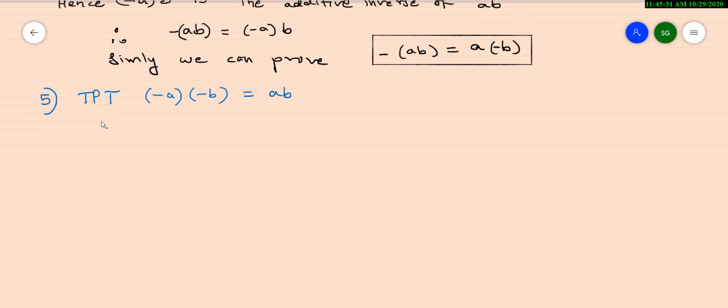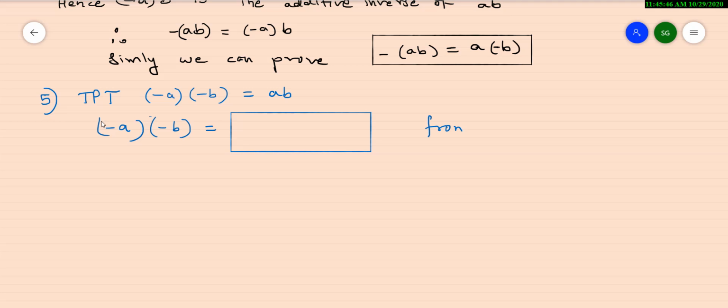Now, I'm leaving space over here. And the reason here is you are applying the fourth part, which is proved on the top. So use the fourth part, and then your one real number is minus a and the other real number is minus b.